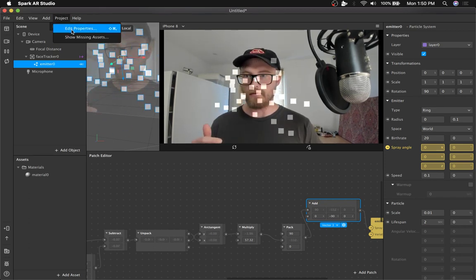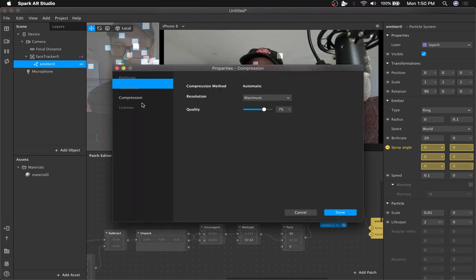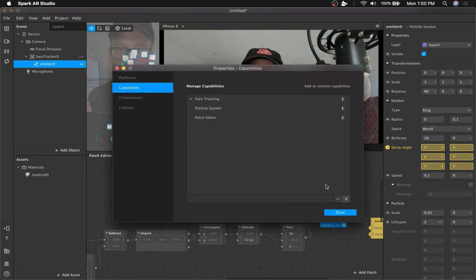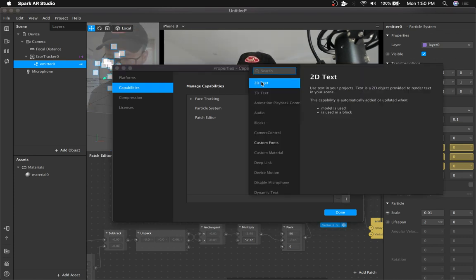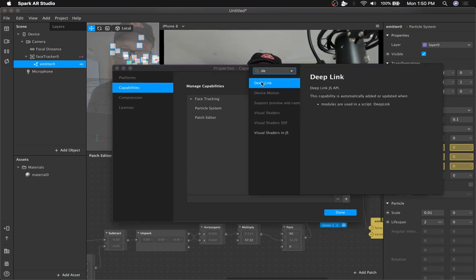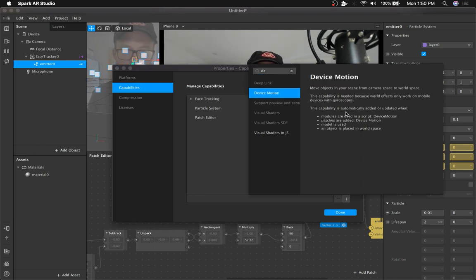So if you go to project properties, capabilities, it won't even let you add device motion manually. It says this capability is automatically added or updated when modules are used in a script, device motion patches are added, device motion model is used, object is placed in world space. So we want our emitter parented to the face tracker, so that's not in world space. That's in local space.